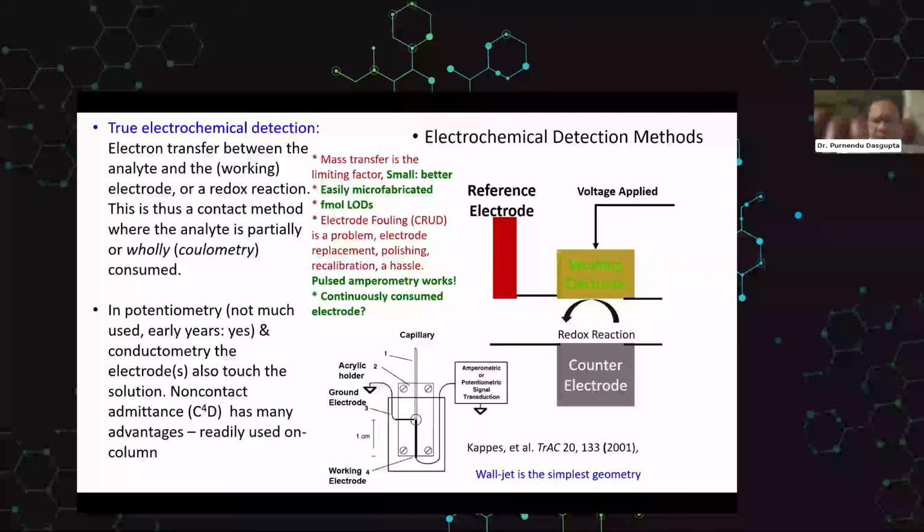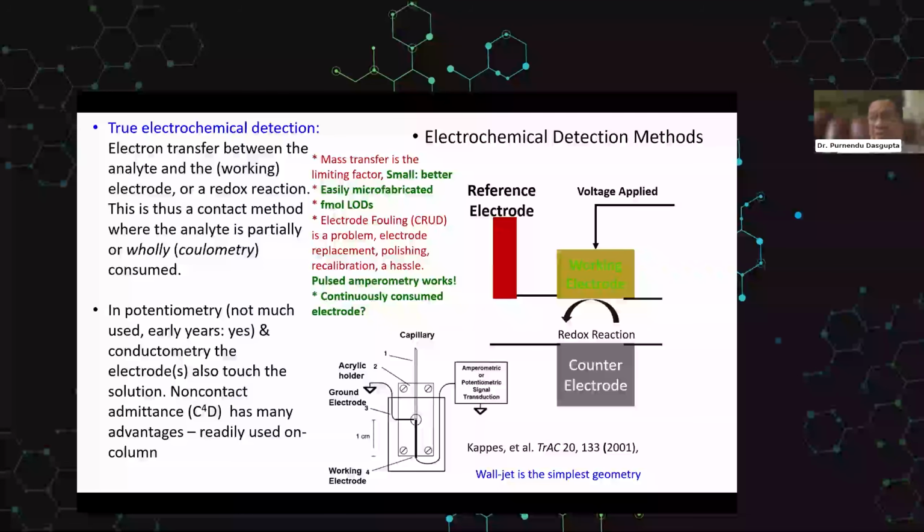And so that means electrode fouling will occur, CRUD will form on the electrode. I'm sure some of you know that CRUD stands for chemically reactive unidentified derivative. So that means that you've got to either replace the electrode, polish it, or recalibrate it. It's really a hassle.